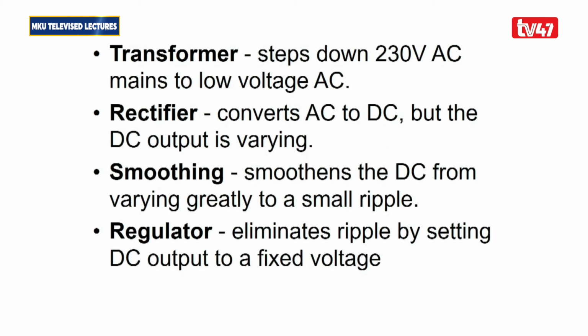They do not use alternating current, and therefore it is the work of the rectifier to do that. Then the smoother is to make sure that the voltage is stable, does not vary from 3 to 5 or to 4. It is stable, it is 5 throughout, and it does not fluctuate either to the lower side or to the higher side. Then the regulator separates the positive and the negative.